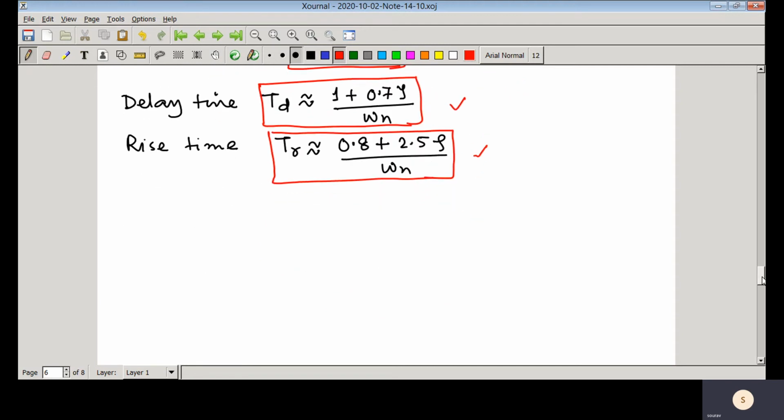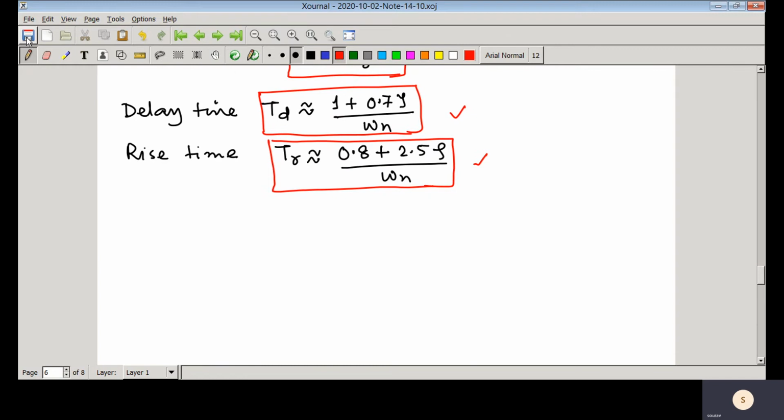Next we will be discussing the qualitative responses whenever we consider different values of zeta.